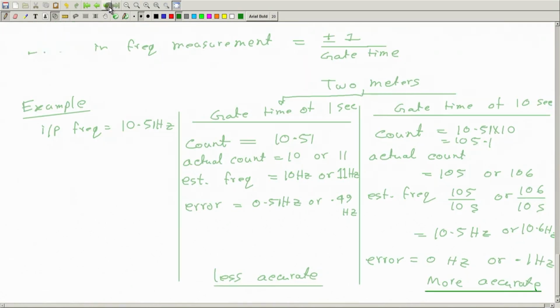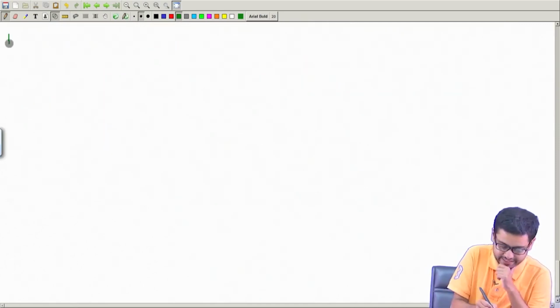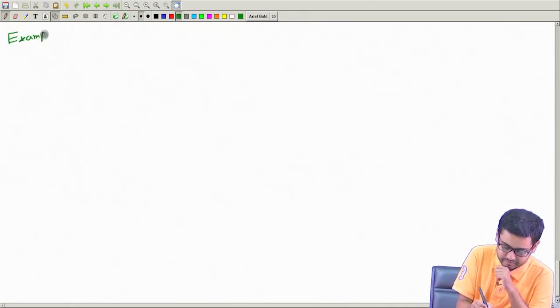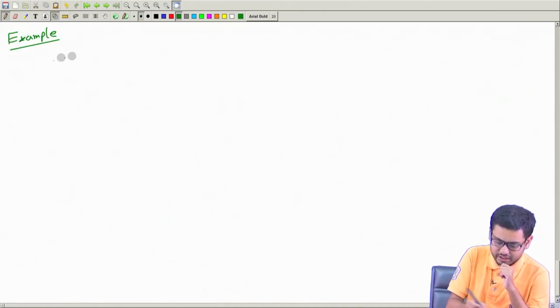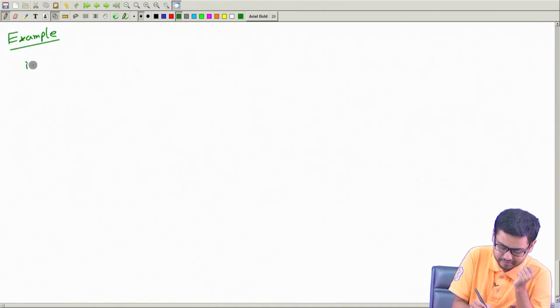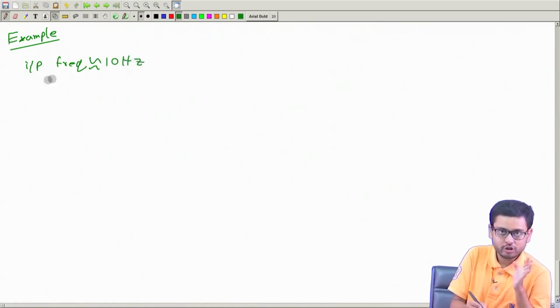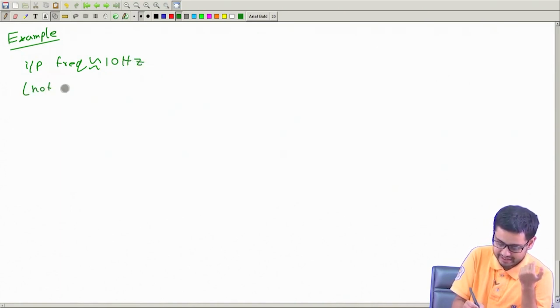So, let us take another example. Say the input frequency is around 10 hertz, but it is not known exactly.